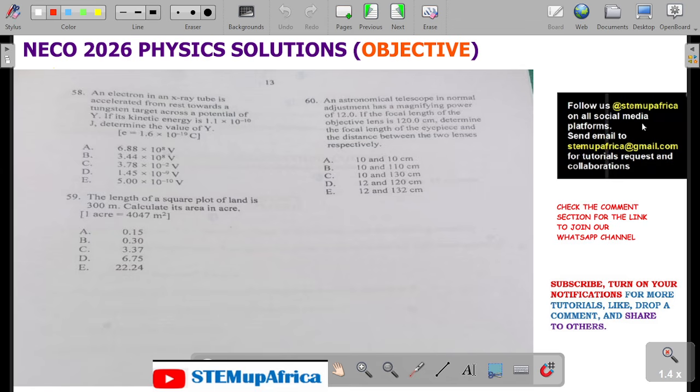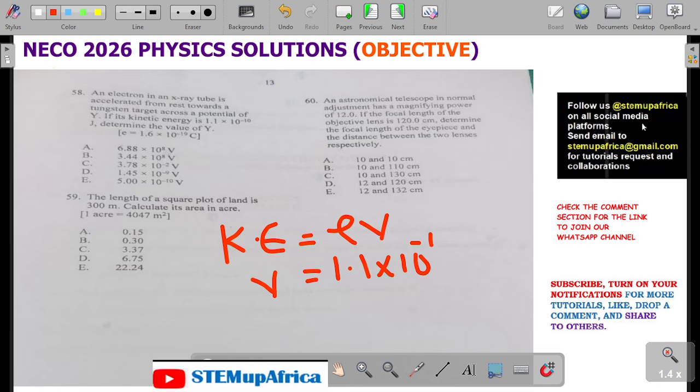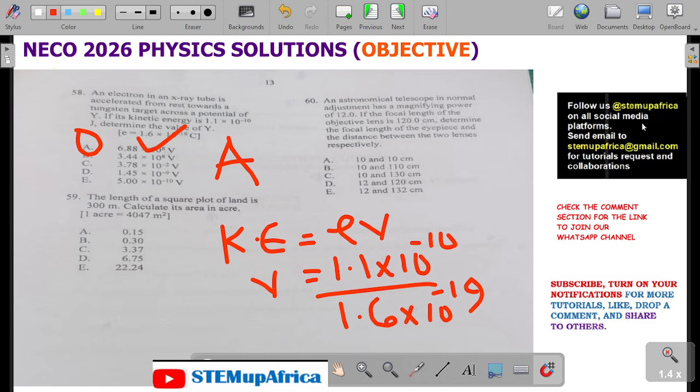We know that KE equals EV. So my V now is 1.1 times 10 to the minus 10 over 1.6 times 10 to the minus 19. If I divide, it will give me option A. 58 is A.